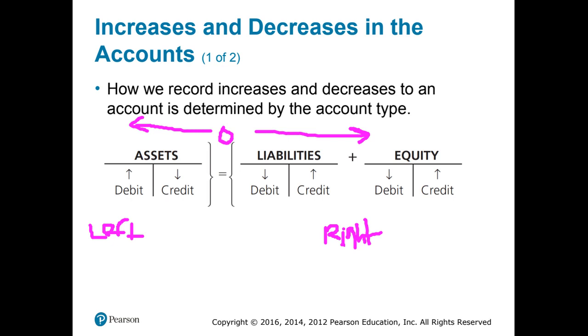And there are some examples in here that tell you these are all assets. We looked at the balance sheet and income statement a second ago. You're allowed to use your book to refer back, so I highly recommend doing that. All right, so asset accounts increase with a debit on the left-hand side. Liabilities increase with a credit on the right side. Equity increases with a credit on the right side.